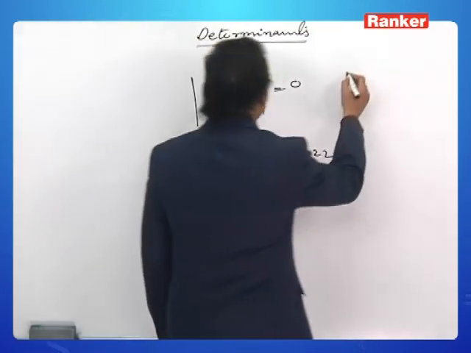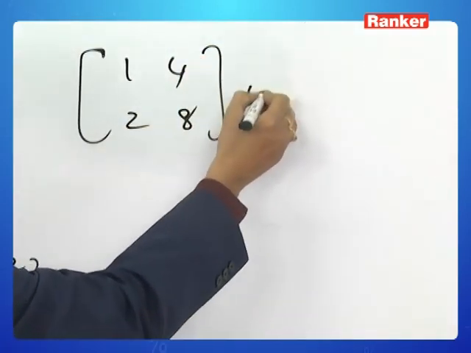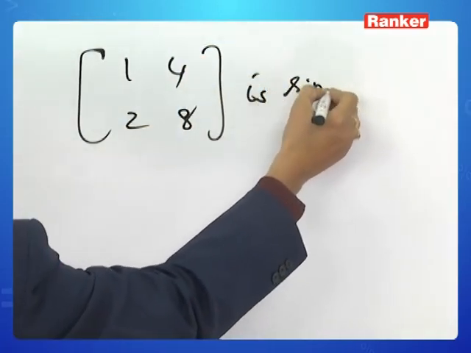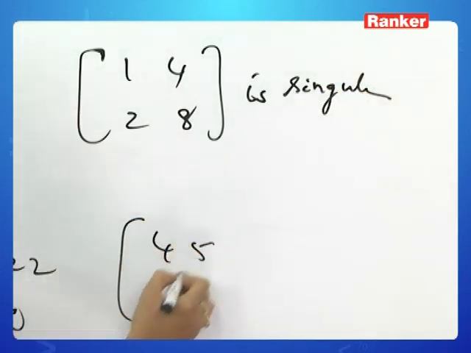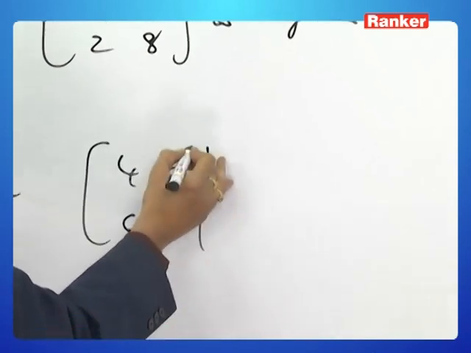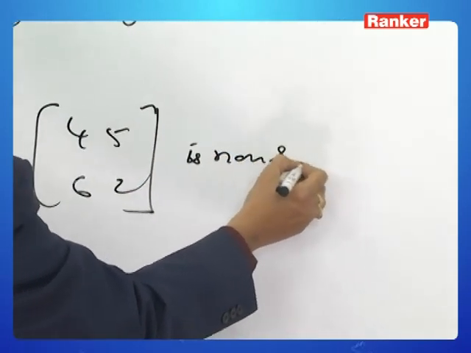Therefore, from this view, the matrix 1, 4, 2, 8 is singular, and the matrix 4, 5, 6, 2 is non-singular.